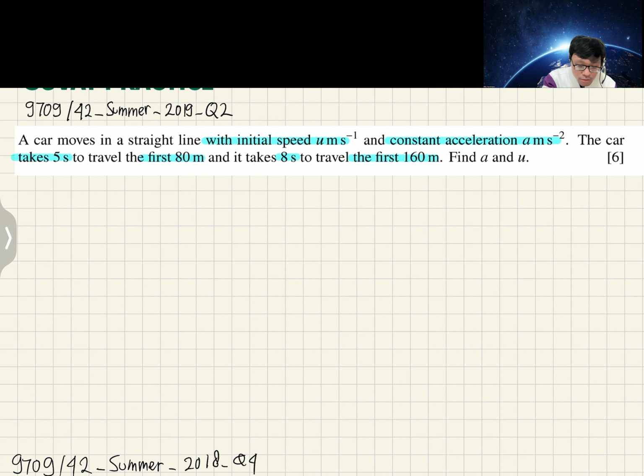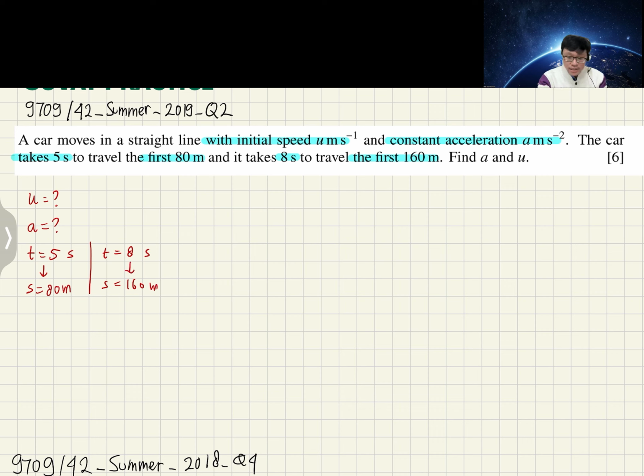First, maybe you want to list down first. So, we want to find U. We want to find A. You know the time, which is 5 seconds. And when it is 5 seconds, the displacement is 80 meter. You also know when the time is 8 seconds, the displacement is 160 meter.